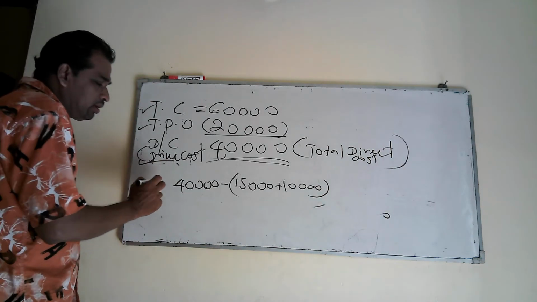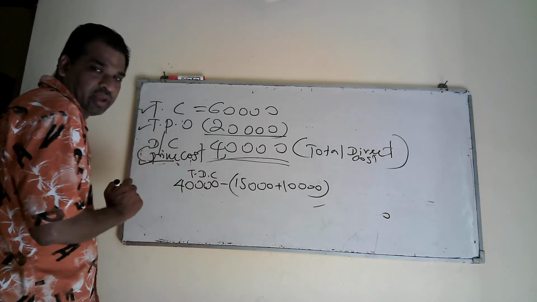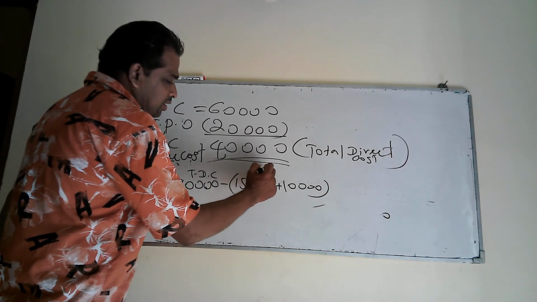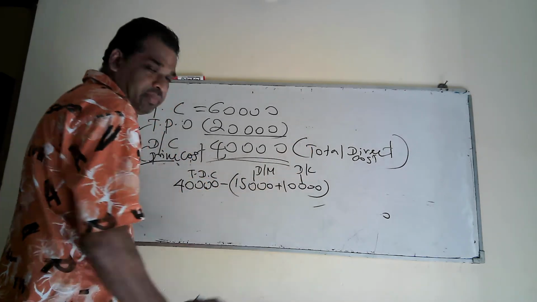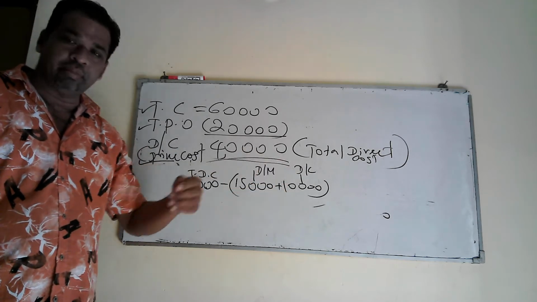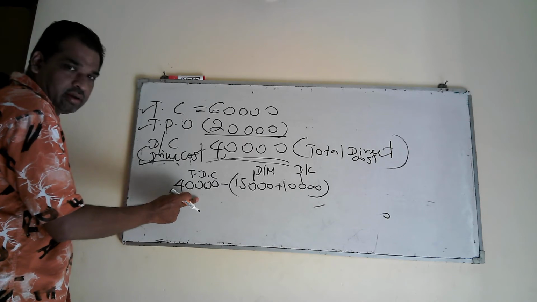As you are given total direct cost 40,000, these two items, this is direct material, this is direct labor, right? Then 15,000 direct material, 10,000 direct labor, but we have got total direct cost.